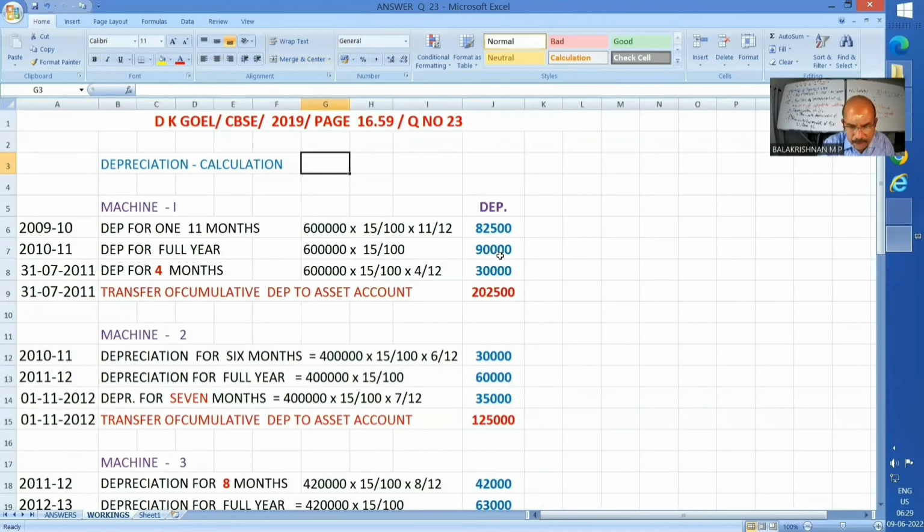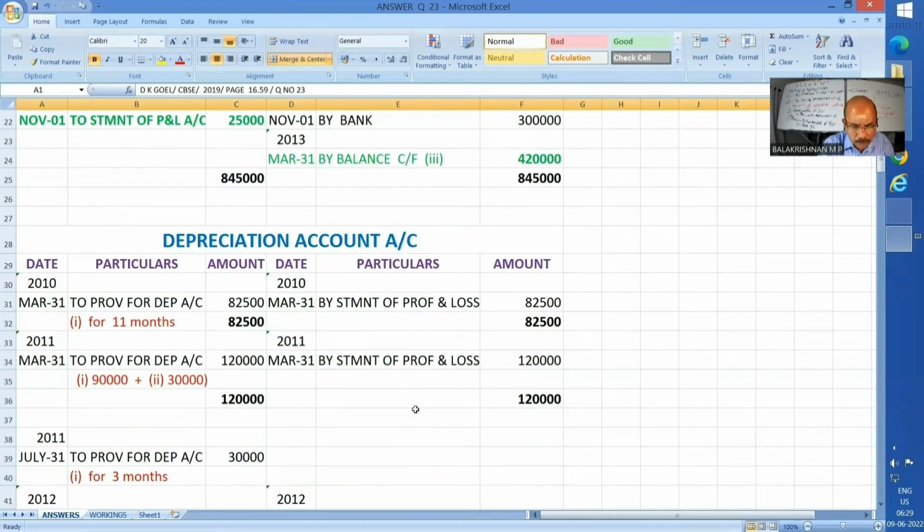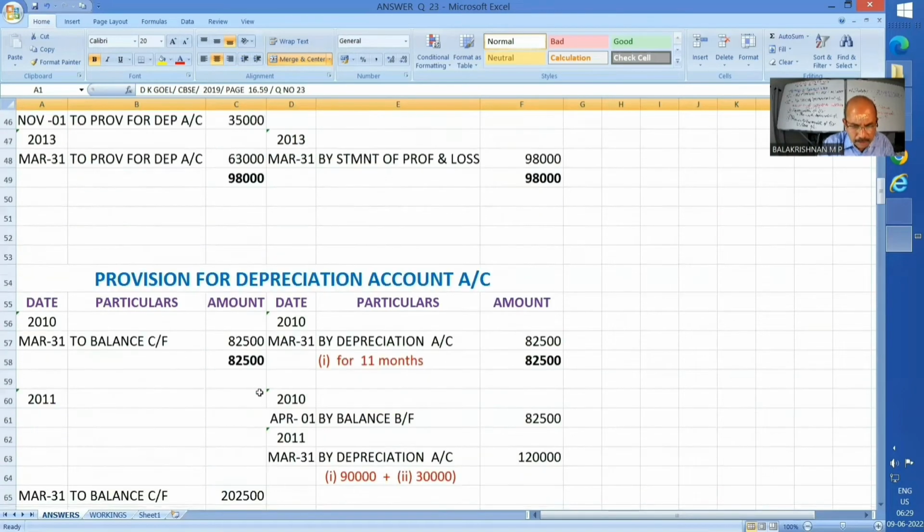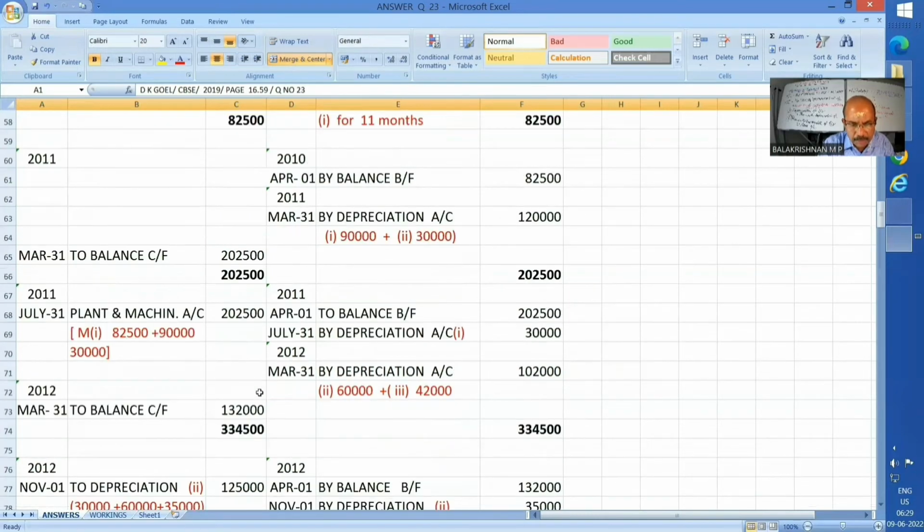First machine full year 90,000. Second machine for 6 months only it came to the picture. So 4 lakh into 15% is 30,000. So total comes 1,20,000. Depreciation to provision for depreciation 1,20,000. Naturally, provision for depreciation by depreciation 1,20,000.